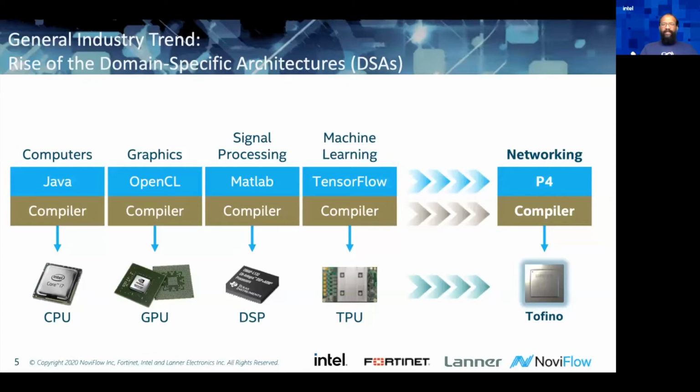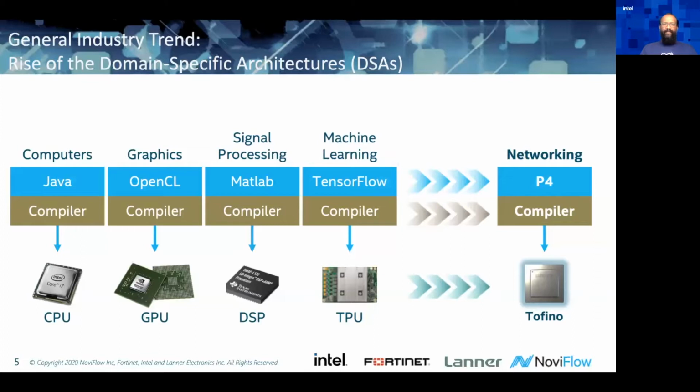So if you look at the networking industry, this trend has been missing until BAREFOOT came on the scene. So what we have done at BAREFOOT is not only have we created a compiler target, which is domain specific to networking, we've also helped create a high-level programming language called P4, and then we have actually developed the compiler to bring these two things together.